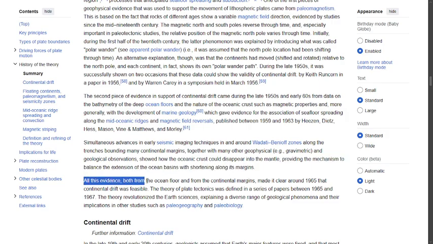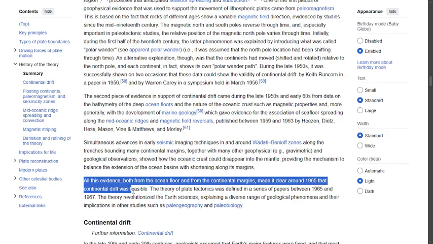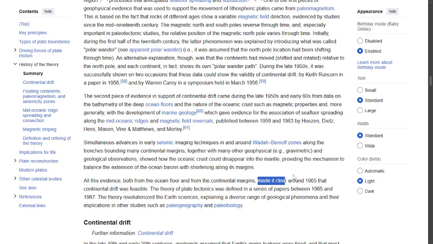All of this evidence made it clear around 1965 that continental drift was. Oh, okay, cool. So I was kind of right. It was made very clear and I'm assuming somewhat accepted. The theory appears in papers between 1965 and the theory, the implications of other studies.